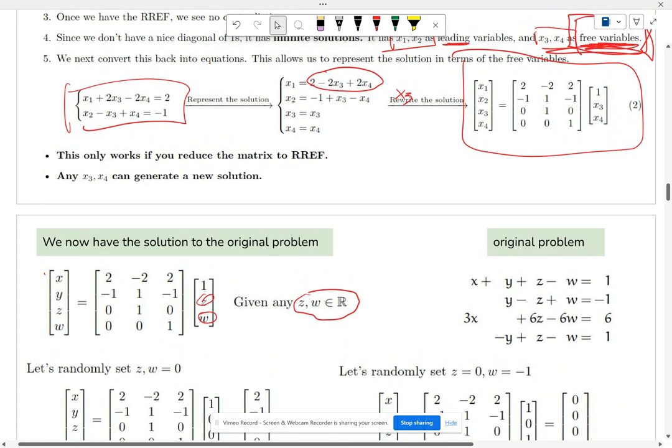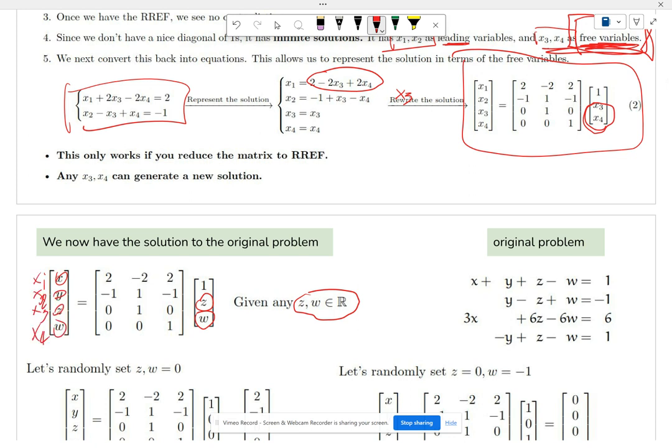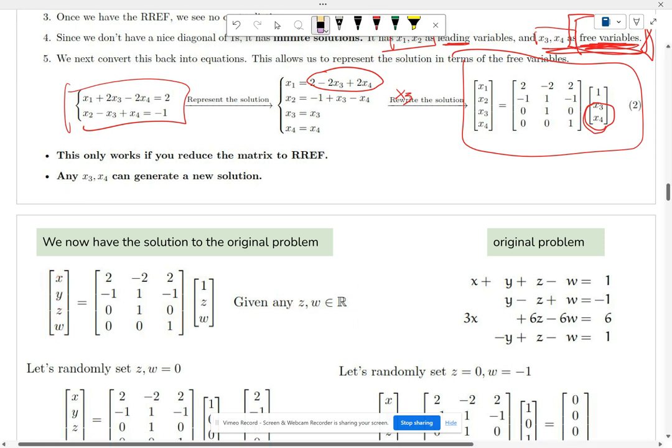Oh, I made a mistake. Over here it is x3, x4; over here I called them z, w, but the idea is the same. x, y, z, w, x1, x2, x3, x4. I think I had a typo here, but they're basically the same idea, just different symbols.